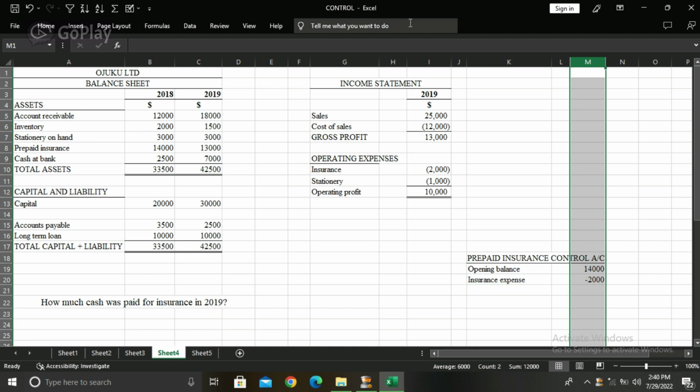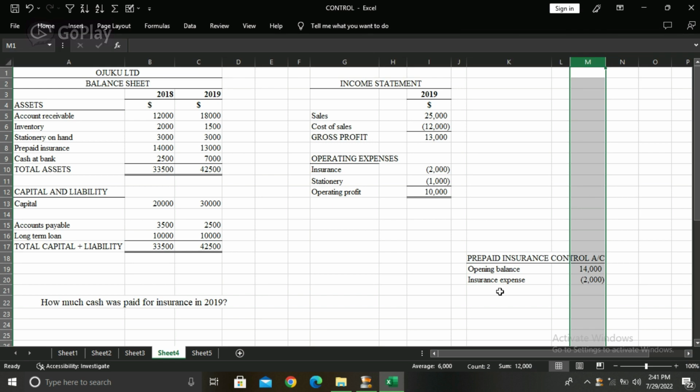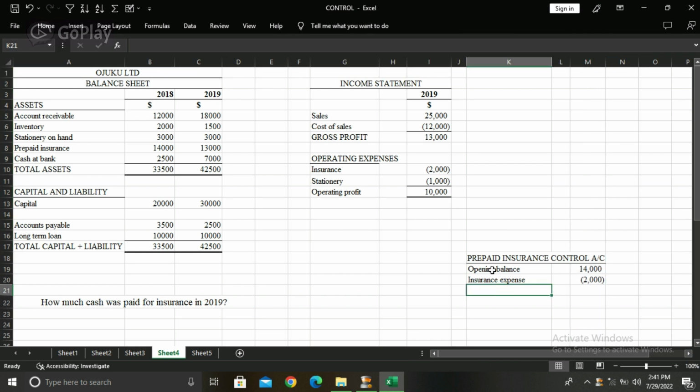Have we paid them an extra amount? That is what the question is asking us, and we don't know, so that is what we are now coming to find. We now know the opening prepaid insurance balance. The insurance expense was 2,000, and we deducted it. Then during the year, the cash that we deposited.